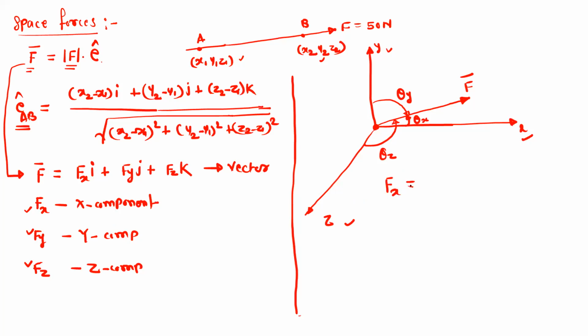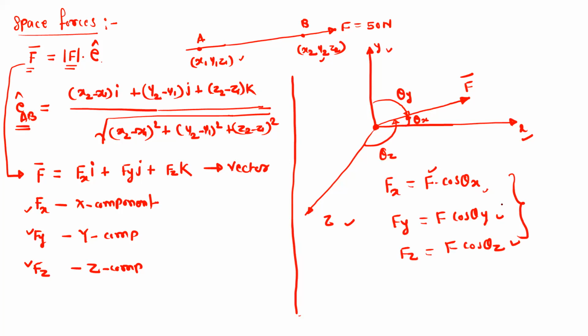Then we can write these components Fx, Fy and Fz. Fx is equal to F cos theta x, Fy is equal to F cos theta y, and Fz is equal to F cos theta z. So this is the relation between the resultant force F bar and the angles theta x, theta y and theta z. And there is one relation between these three angles.